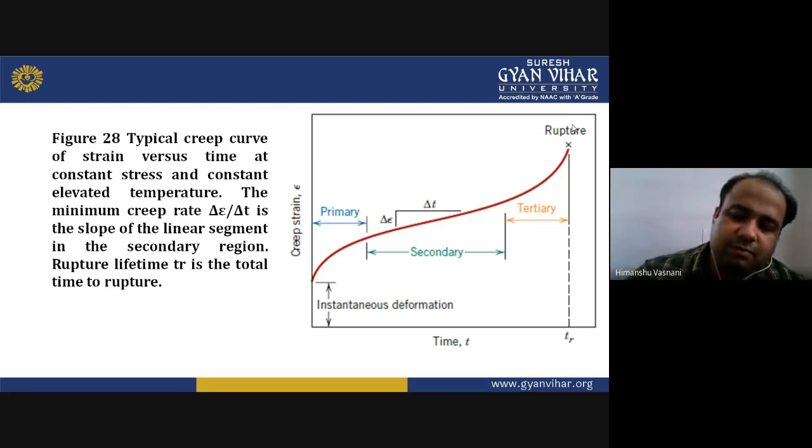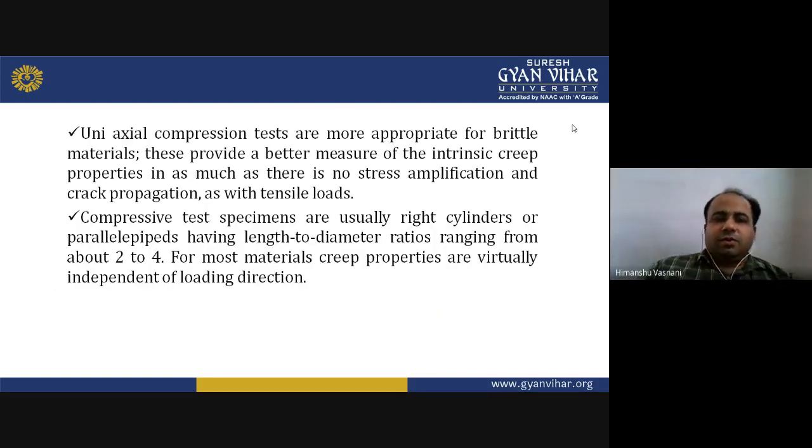It depends. So, uniaxial compression tests are more appropriate for brittle materials. These provide a better measure of the intrinsic creep properties inasmuch as there is no stress amplification and crack propagation, as with tensile loads.